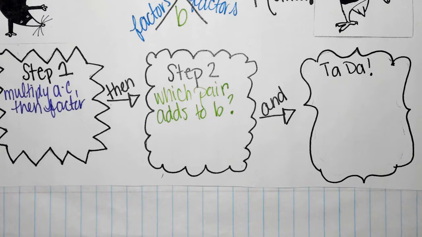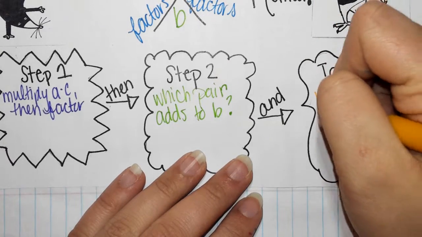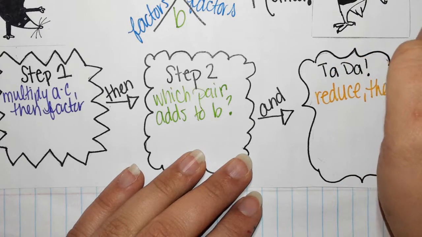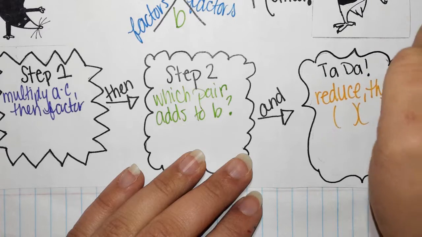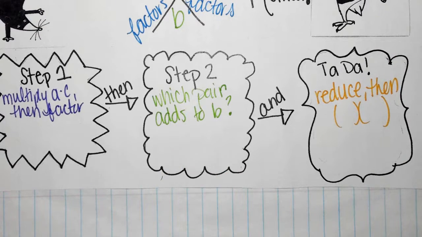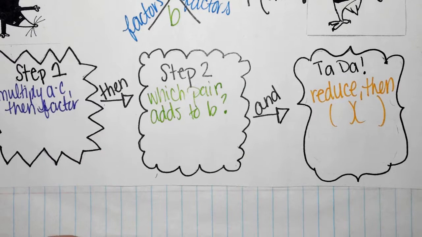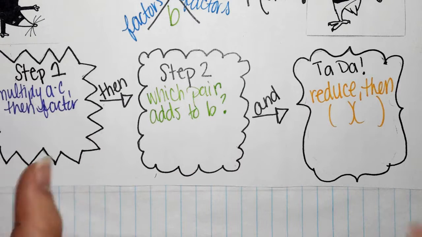And our last step, reduce, then parentheses. So we're going to talk about what that looks like by doing one example together on the front, 2 examples on the back, and then you're free to do them without me.